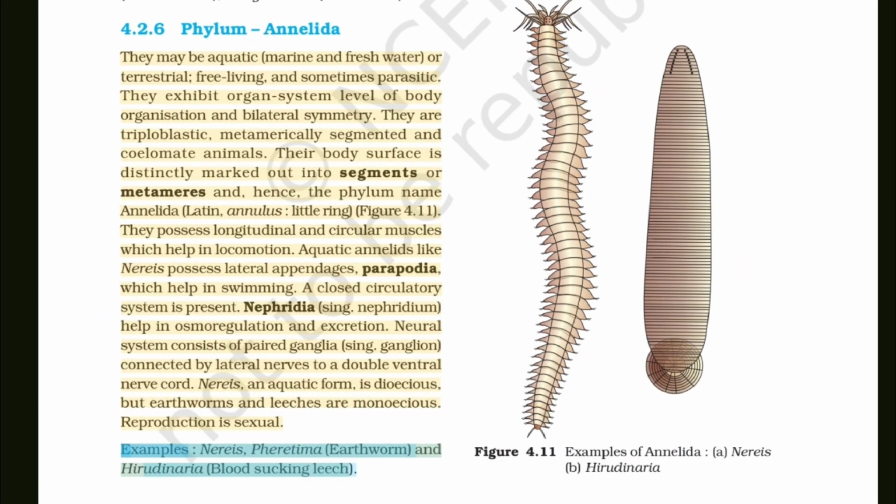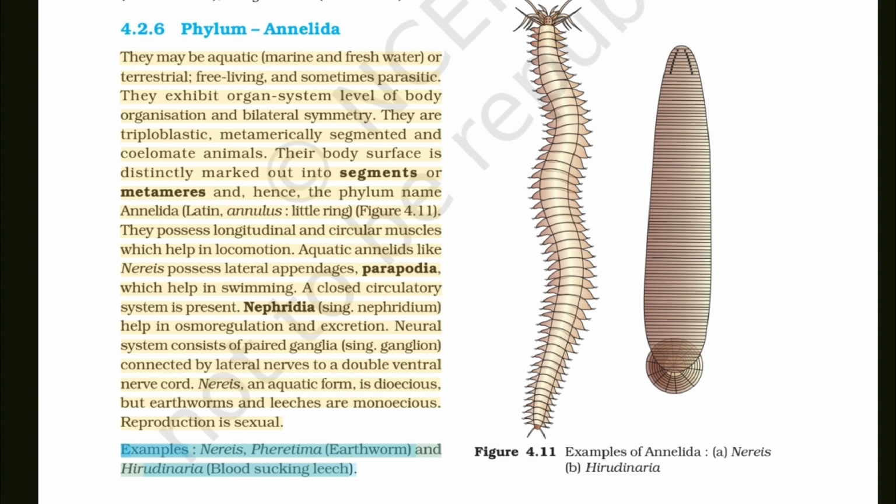4.2.6. Phylum Annelida. They may be aquatic, marine and freshwater, or terrestrial, free-living, and sometimes parasitic. They exhibit organ system level of body organization and bilateral symmetry. They are triploblastic, metamerically segmented and coelomate animals. Their body surface is distinctly marked out into segments or metameres and hence the phylum name Annelida, Latin, annulus, little ring, figure 4.11. They possess longitudinal and circular muscles, which help in locomotion.